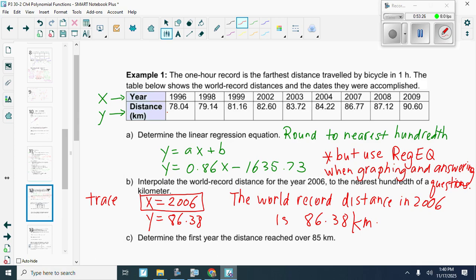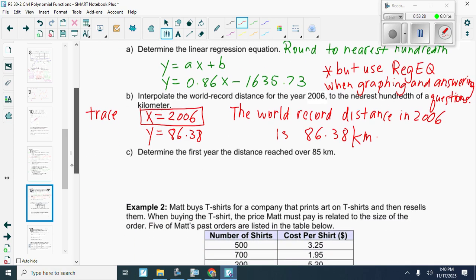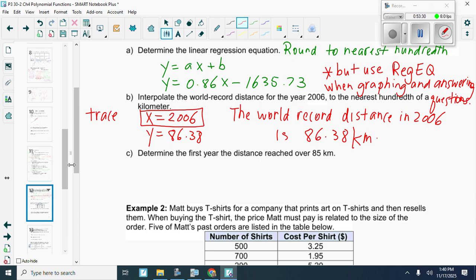Here's the next question. Determine the first year that the distance reached over 85. Is the distance my x or my y? Y. So when you see this, you're going to say this is what my y equals.